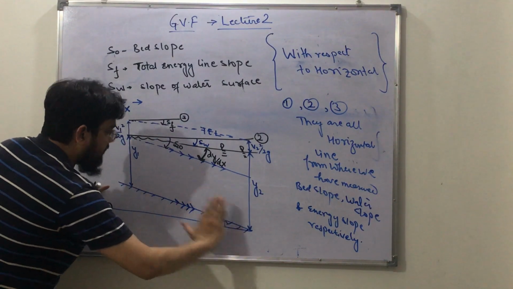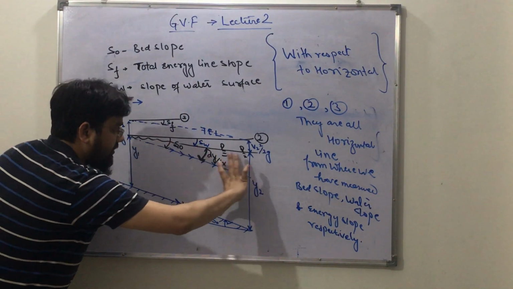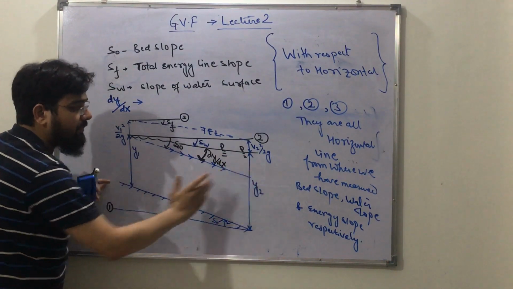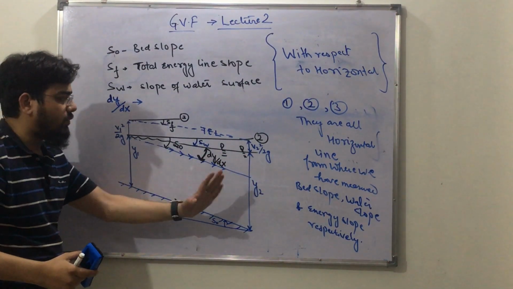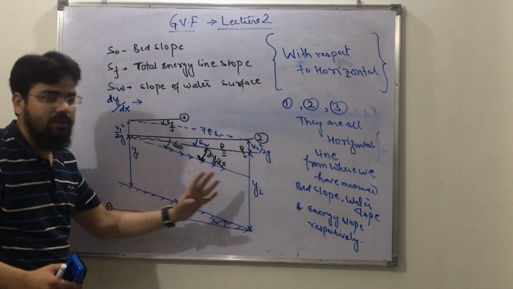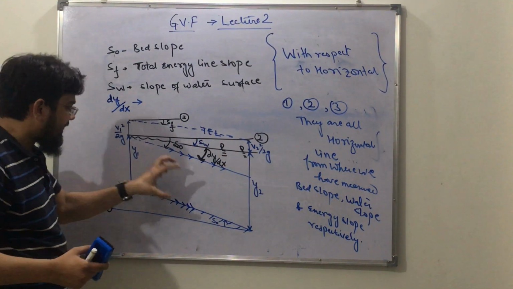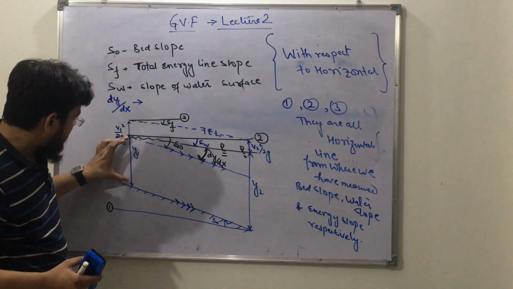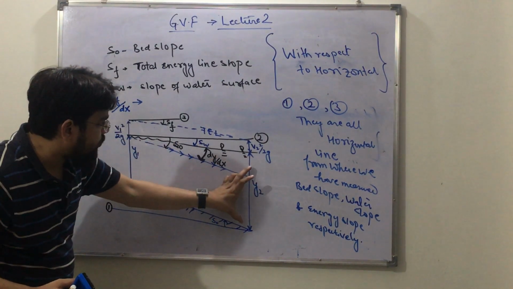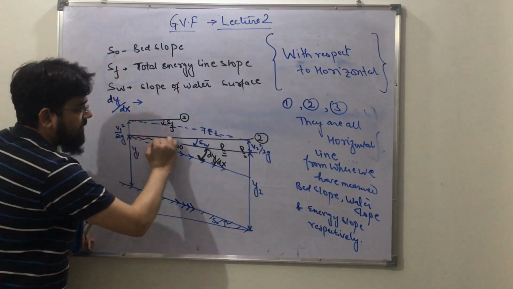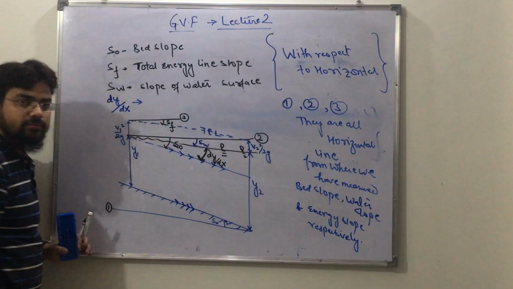Over a long length, this y1 has increased to y2, means there is increase in the flow depth. Therefore, it is gradually varied flow. The flow depth can either increase or decrease. That depends upon the downstream condition. But as of now, we can see that this y1 has increased to y2 at another section at downstream. It means this is a rising water profile.